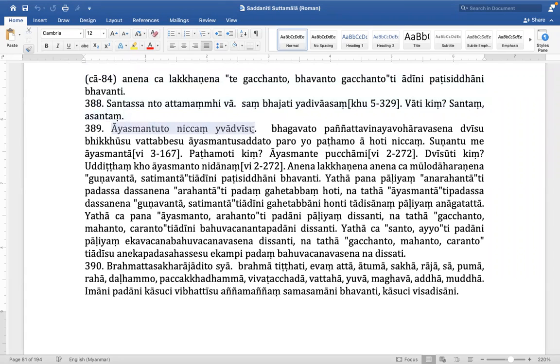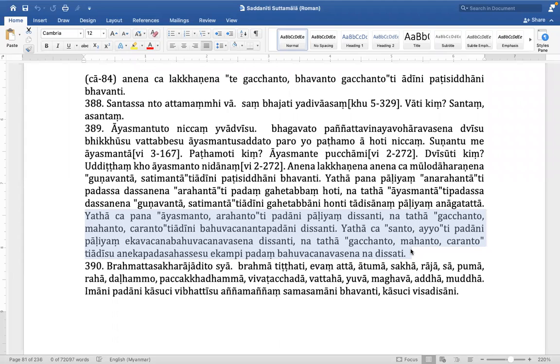Ayasamanto, start from Yatha Japana. Yatha Japana, up down, Yatha Japana Ayasamanto. Yeah, there. Yes. So Yatha Japana Ayasamanto Arhando ti Badani Pāḷi Desati, na tatha Gichando Mhando Charando ti adini Bhuwajana Badani Desati.